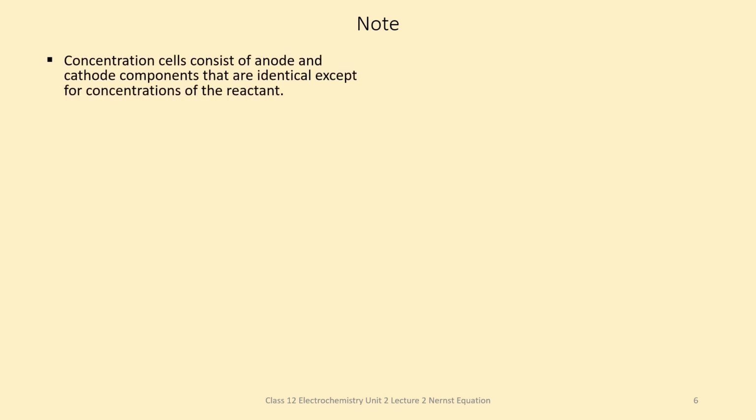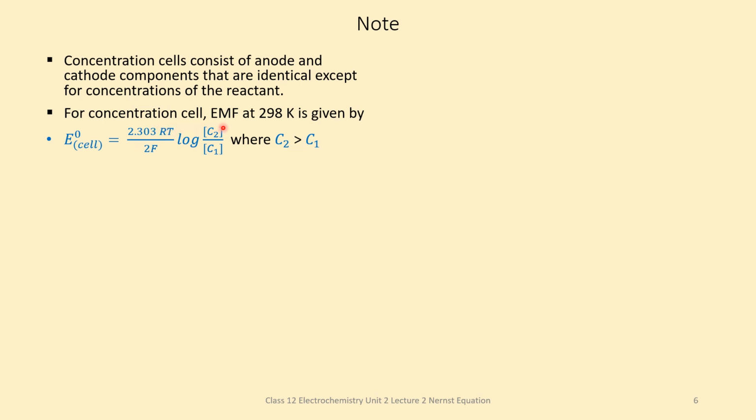Let us note some important points regarding the Nernst equation. Concentration cells consist of anode and cathode components that are identical except for the concentrations of the reactants. That means here both the anode and cathode components are made up of the same material.